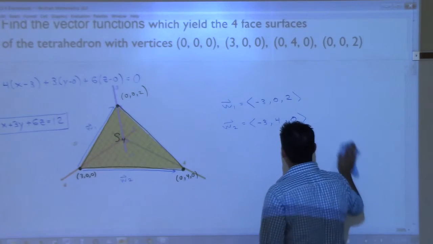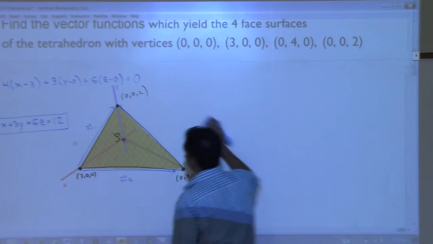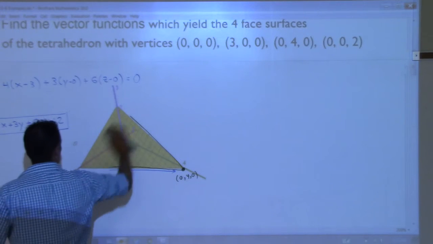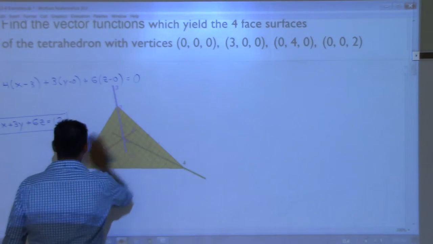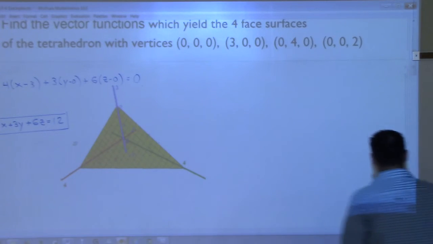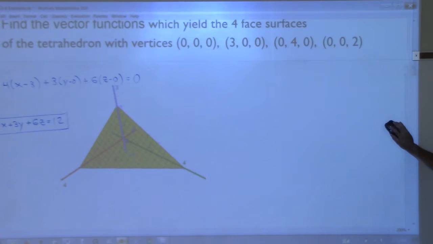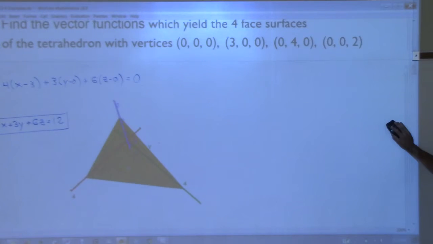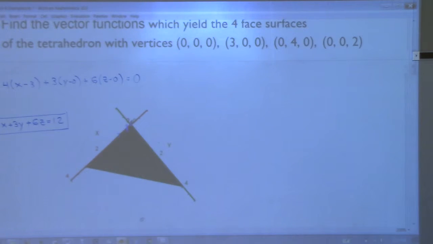Because now we need to figure out how in the world we're going to draw S4. So here's something I want you to think about. Take a look at this. If I take a look at S4 from the top, isn't S4 almost identical to S1?